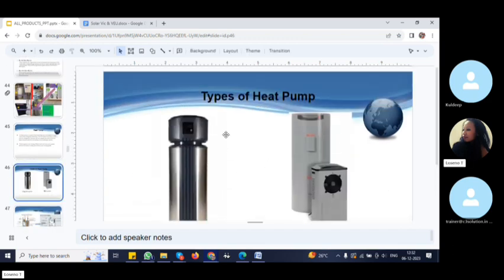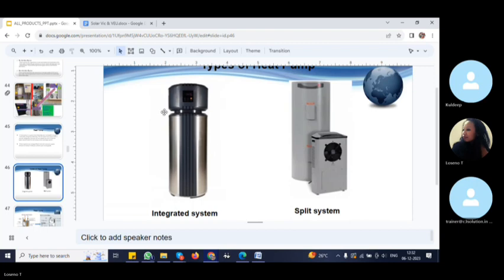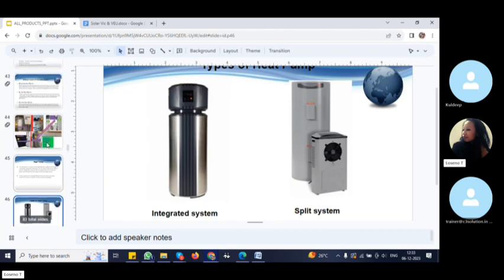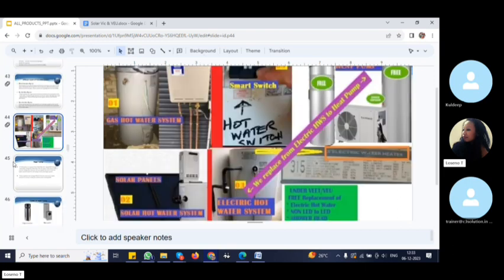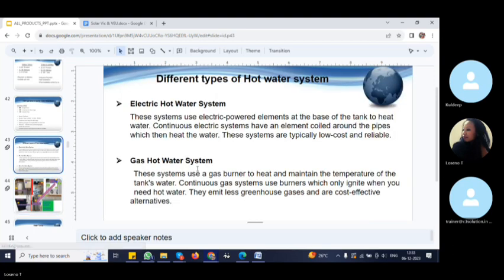Heat pump, this one. This is the system we are replacing with. This is the new energy efficient heat pump that we are replacing the customer's old electric hot water system with. Till this part, is it all clear to you, Monu?